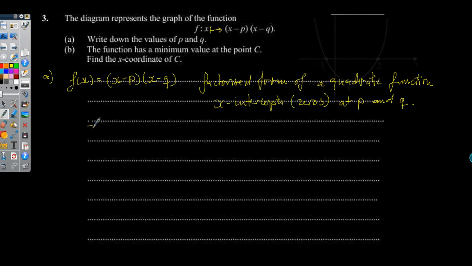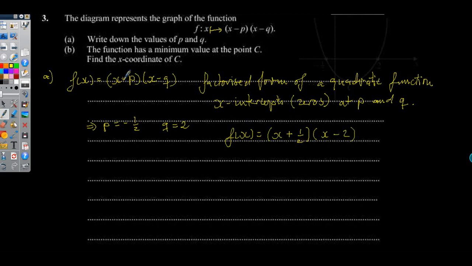So, from the graph that we're given, we can read off that p is minus a half and q is equal to 2. In other words, that would mean that an equation for my parabola is (x plus a half) times (x minus 2).